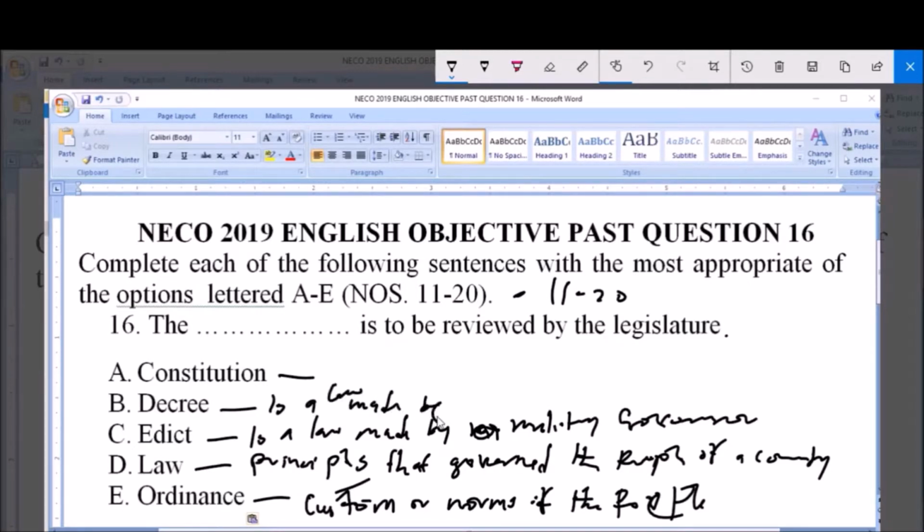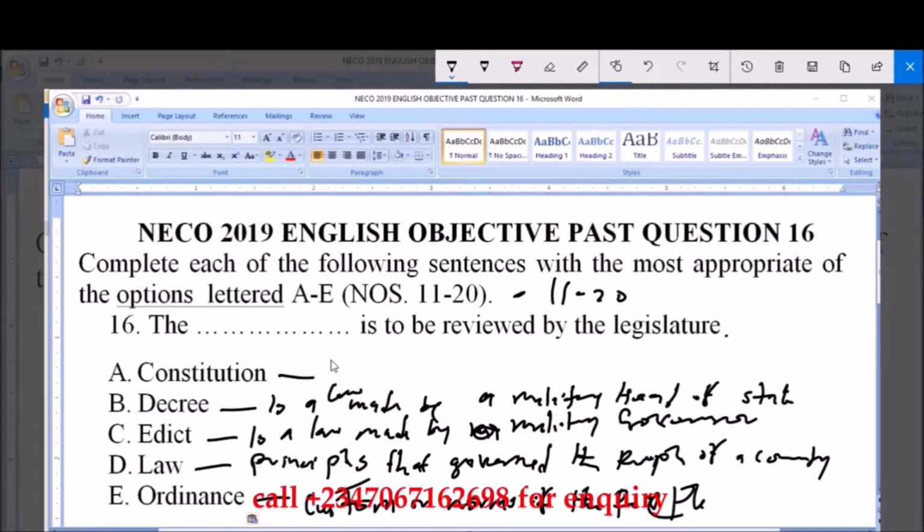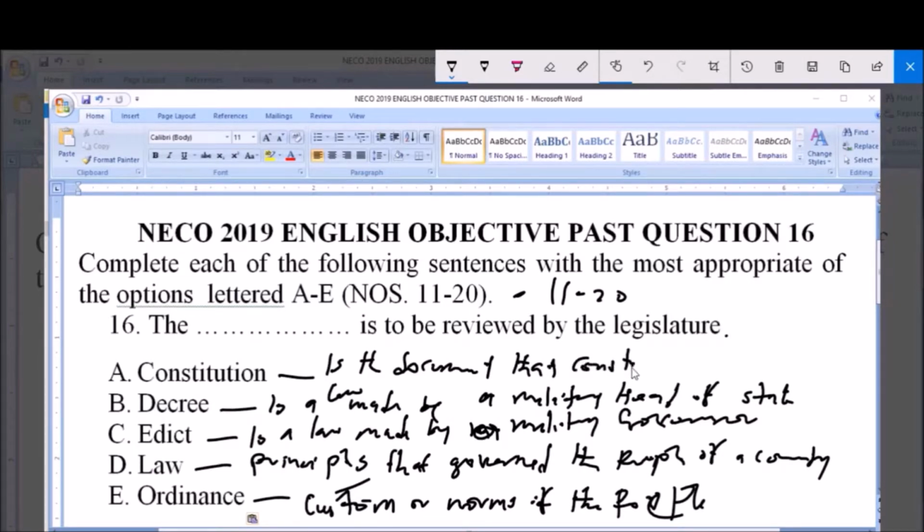Then decree is a law made by a military head of state. Then constitution is the document that contains all the laws of a state.